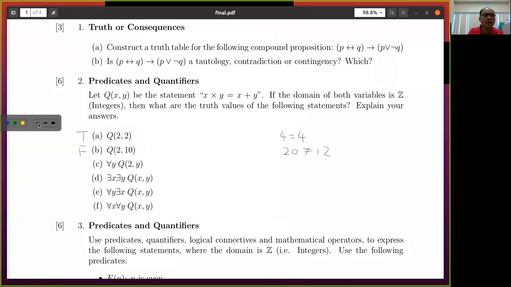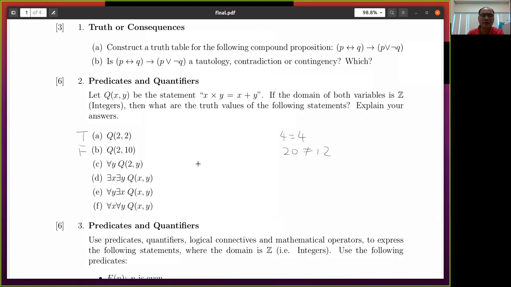So the second one is false. Now, the next one has quantifiers. Is it true that for every y, 2 times y equals 2 plus y? If you want to show that it's true, you have to make sure that it's true for any y.